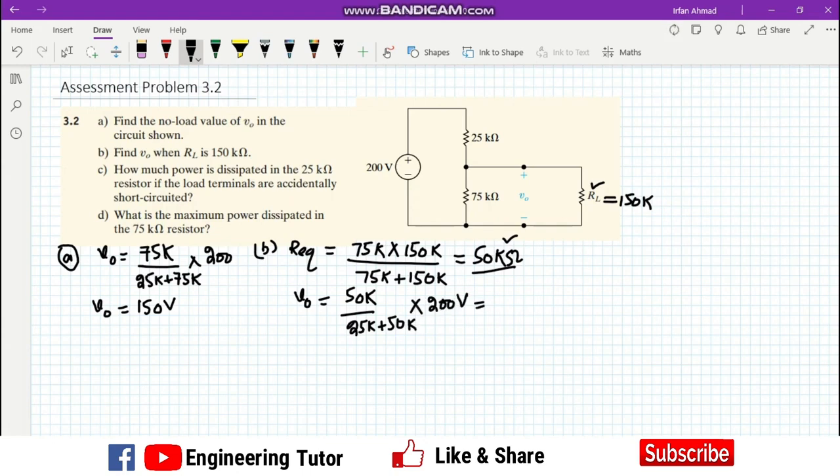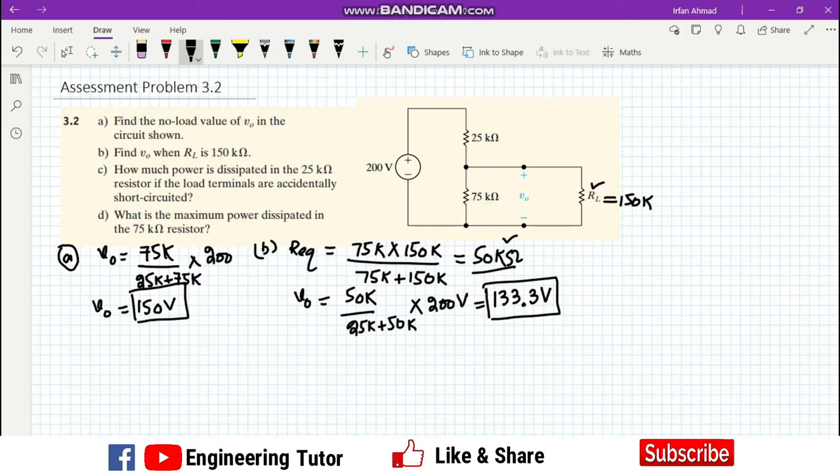By calculating it, we find that the voltage dropped to 133.3 volts. You can see that initially the original voltage was 150 volts. It is now decreased to 133.3 volts by attaching a very high resistance of 150k.